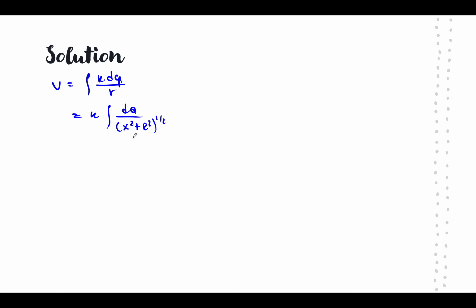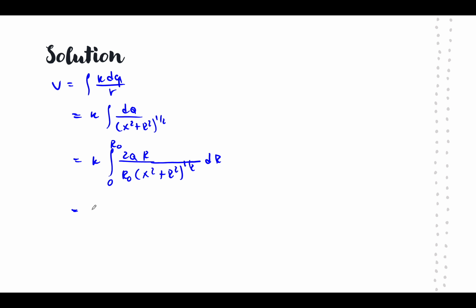In this case, r is not constant because as we express our ring differentials from the center to the end, then r changes. So this is going to be equal to k times the integral of 2q r over r0 squared times x squared plus r squared to the power of 1/2 dr, and we're going to be integrating from 0 to the entire disk, which is R0.